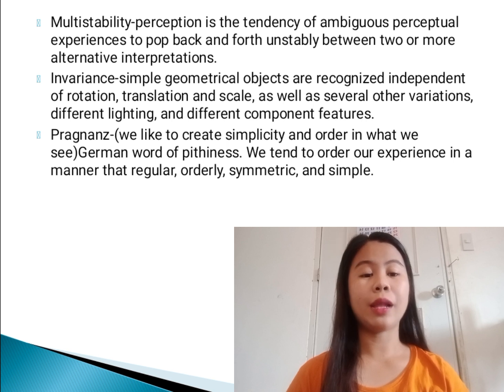Pregnance: we like to create simplicity and order in what we see. It is a German word for pithiness. We tend to order our experience in a manner that is regular, orderly, symmetric, and simple.